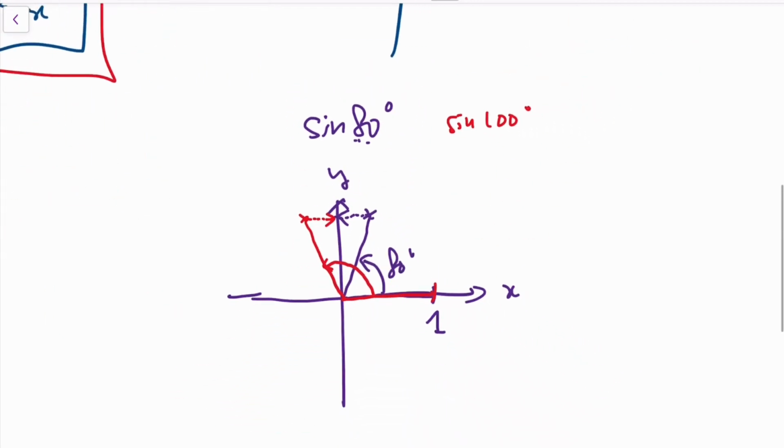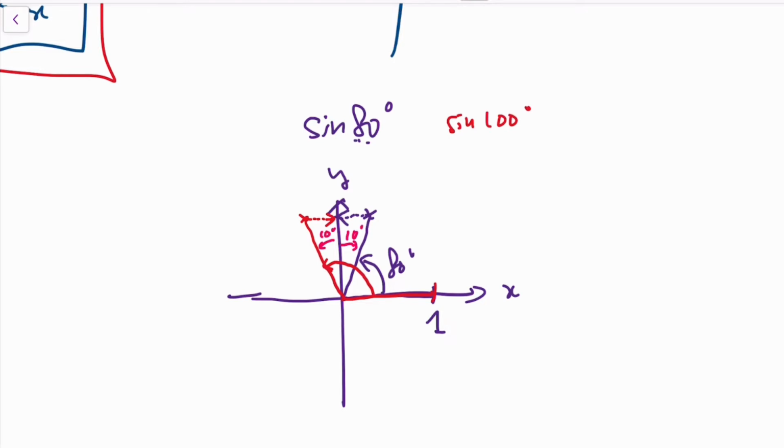Then under that assumption, we actually know the value of sine 100 as well. Because if you think about it, this angle is 10 degrees, because when you go from the x-axis to the y-axis, you have to rotate 90 degrees. So the difference between that and 80 degrees is 10. But to go from 90 to 100, that angle is also 10.